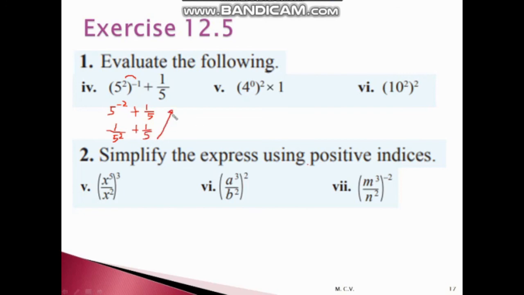5 to the power 2 means 5 multiplied by 5, that is 25. Therefore, we can write that as 1 over 25 plus 1 over 5. Now we want to convert that into a common denominator. So how to convert into a common denominator? We can multiply both numerator and denominator by 5.